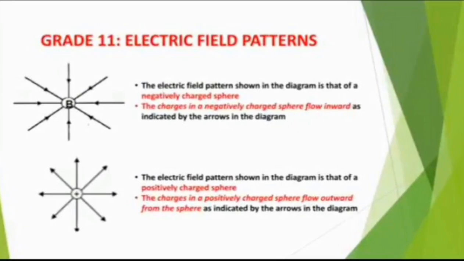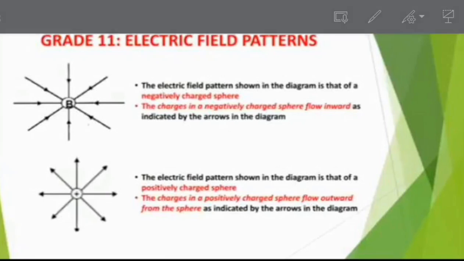Then here we have the electric field patterns. It says the electric field pattern shown in the diagram is that of a negatively charged sphere, right? So these are the electric field patterns that show us the charges of a particular sphere. You will note that with the negatively charged sphere, the field lines always go inward, as indicated by the arrows here.